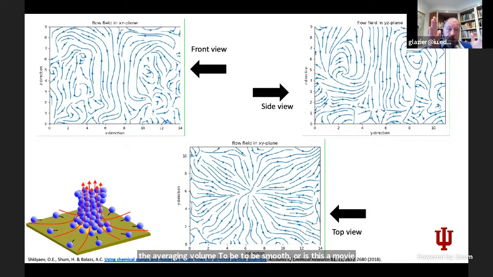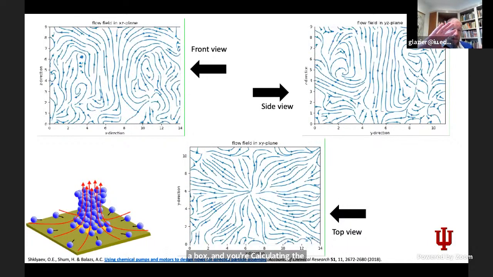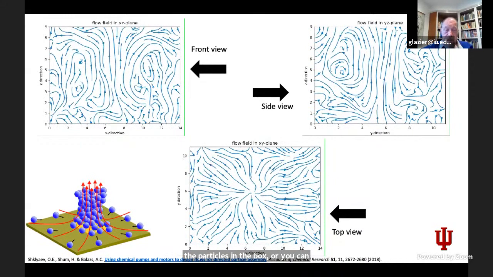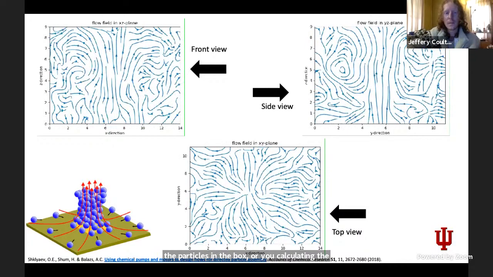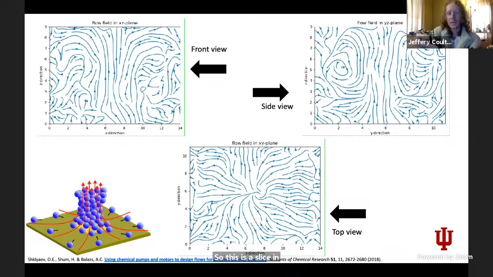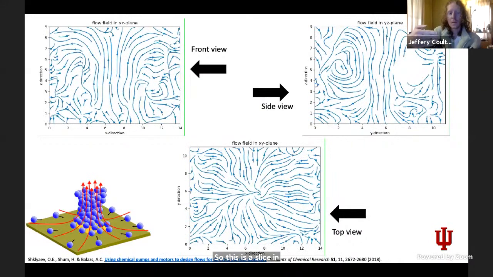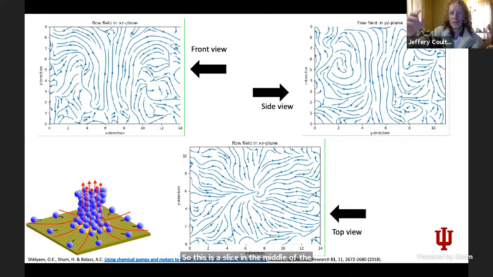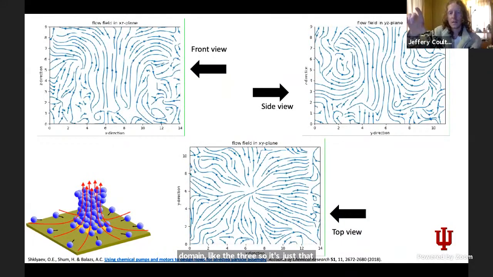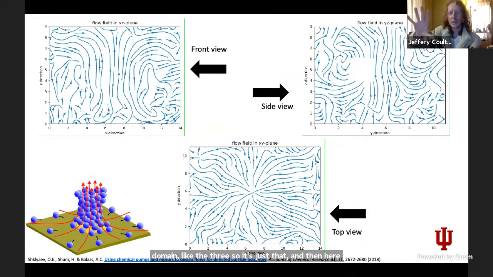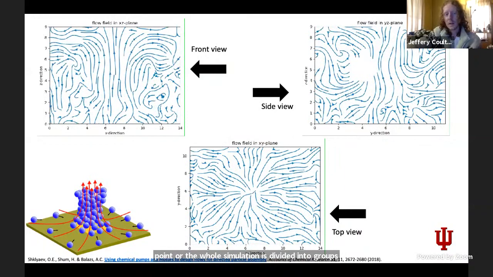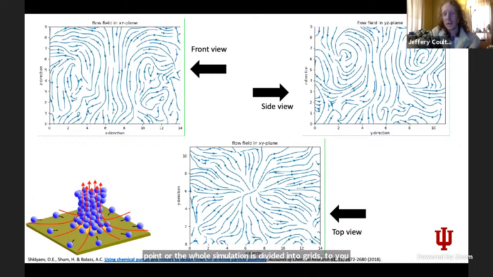In other words, you're drawing a box and you're calculating the mean velocity of all the particles in the box. How are you calculating the streamlines? So this is a slice in the middle of the domain. Each point, or the whole simulation, is divided into grids to get numpy arrays.